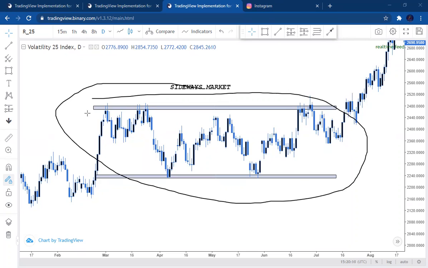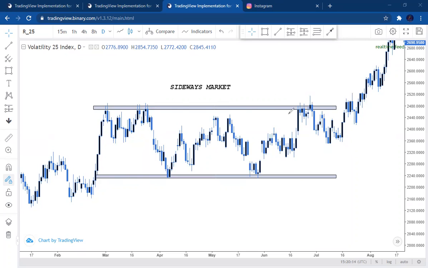What you trade in a sideways market is when price has broken out. Let me use this here as a clear example. You can see price hit our resistance, hit our support, hit our resistance, hit our support, hit our resistance. Then price could not come back and hit our support.